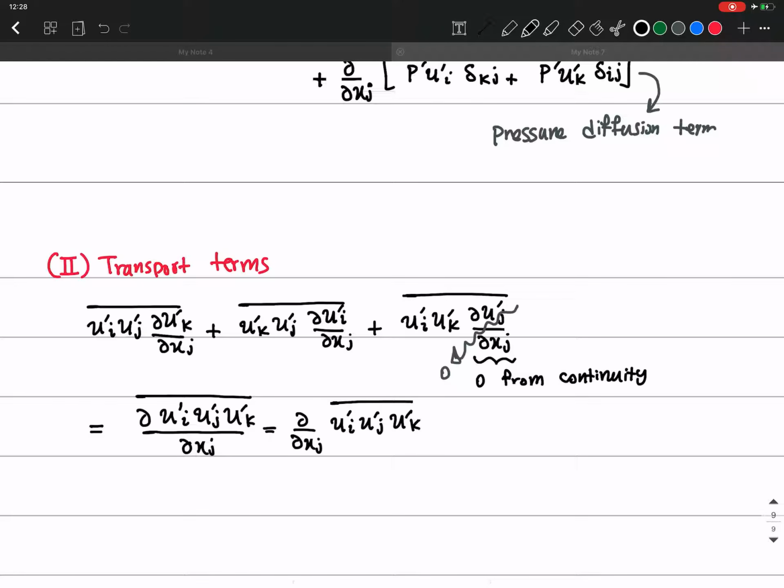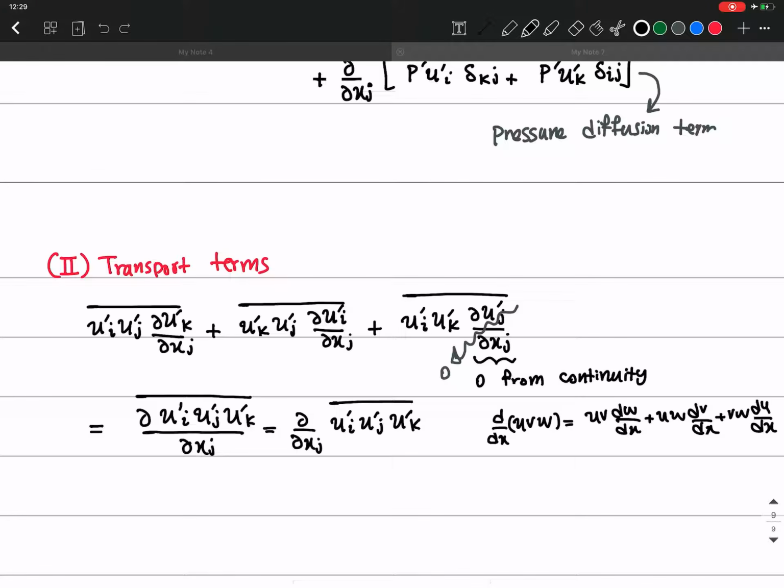We know that if you have, let's say, UVW bar, d over dx, this is going to be UV dW/dx plus UW dV/dx plus VW dU/dx, right? So I just used this from calculus and rewrote it in terms of this.